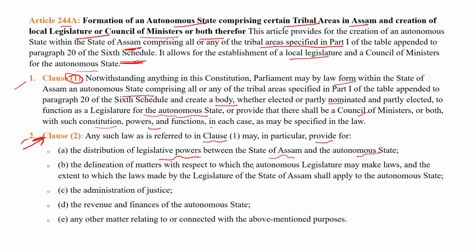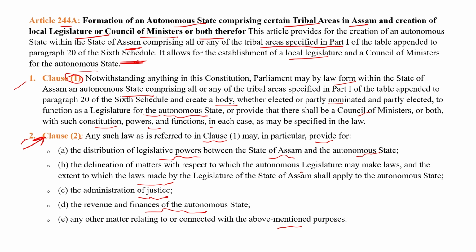Also the matters with respect to which the autonomous legislature may make laws, and the extent to which the laws made by the legislature of the state of Assam shall apply to the autonomous state. The administration of justice, the revenue and finance of the autonomous state, and any other matters connected with the above-mentioned purposes.